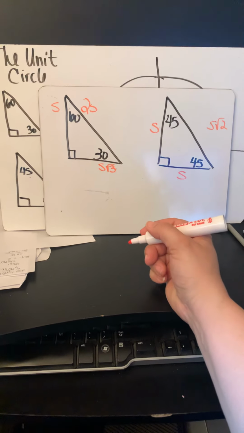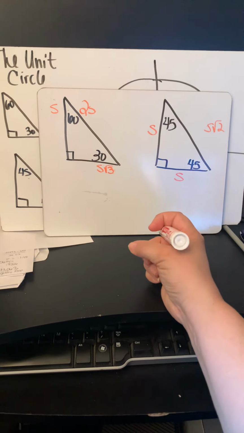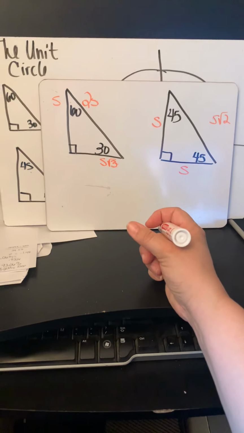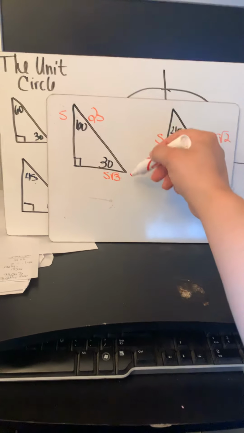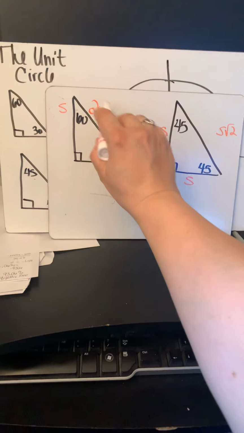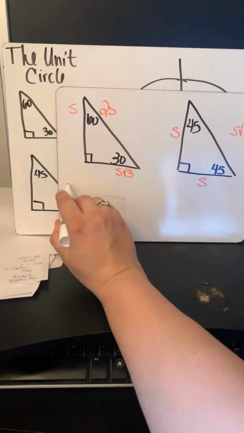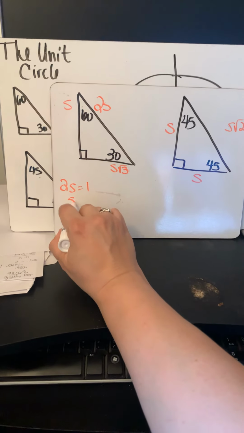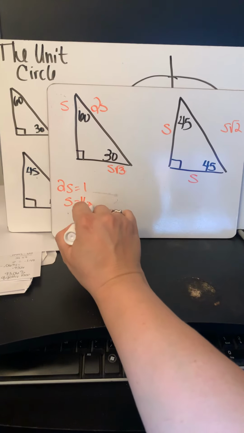So now I want to find the actual ratio numbers for these sides. When you're looking at this in the unit circle, your radius is going to be 1 unit. So I'm going to take the hypotenuse, my radius, and set it equal to 1. Well, what does s equal? 1/2.